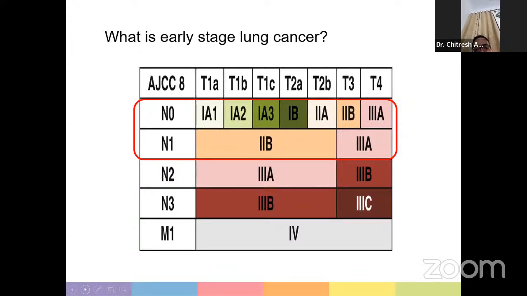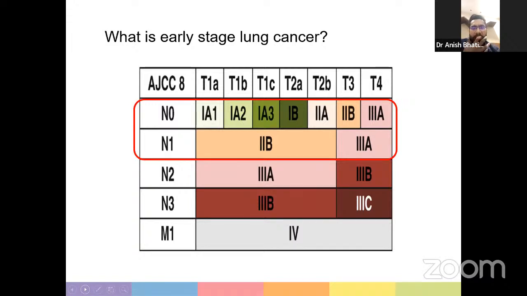So to start, the topic is resectable or early stage lung cancer. I would start with the surgical oncologist's perspective: what is early stage lung cancer, and how frequently do you encounter these cases in your practice? Early stage lung cancer, as shown in the slides, is probably node negative disease.